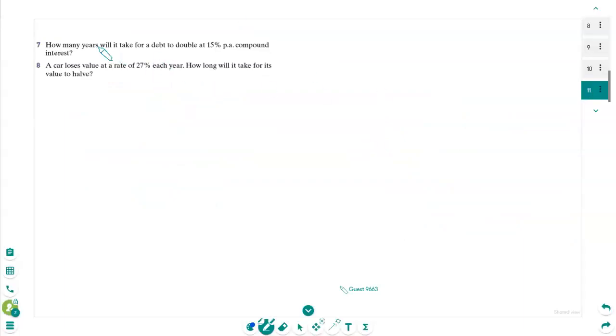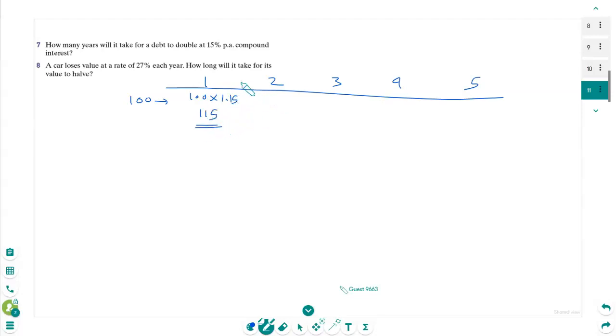How many years will it take for a debt to double at 15% per annum compound interest? Here also it's the same. You start with 100. So after 1 year it will be 100 into 1.15, so 115, right? After 2 years it will be 115 times 1.15, so it will be 132.25.